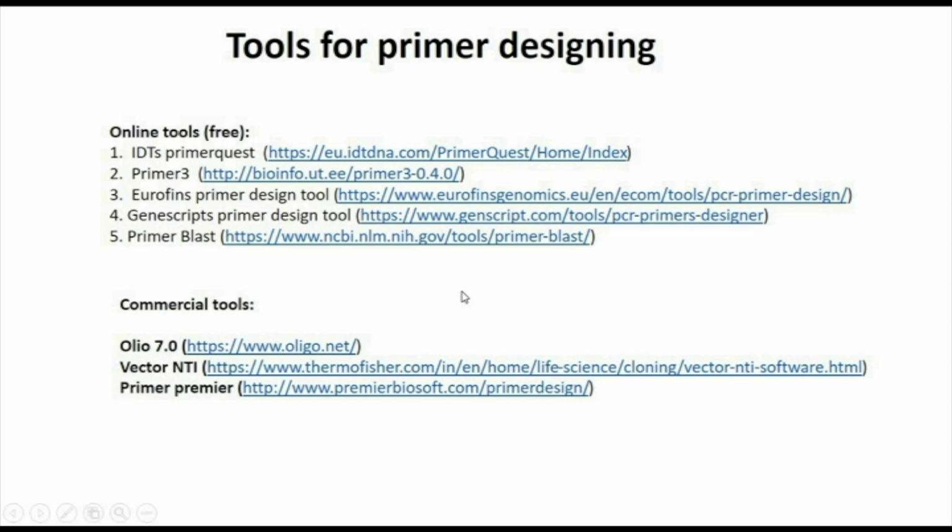These are some of the tools available online for free, but there are commercial tools also available like Oligo 7 and Vector NTI. If you are interested in these softwares, or you can just go through these sites and submit your sequence, you will get your primers.